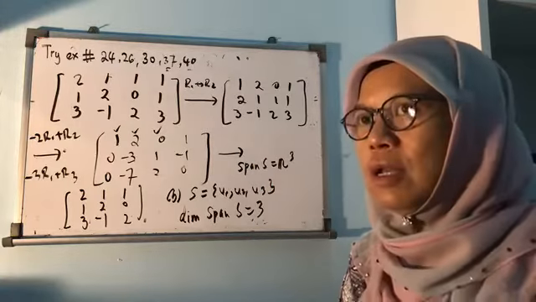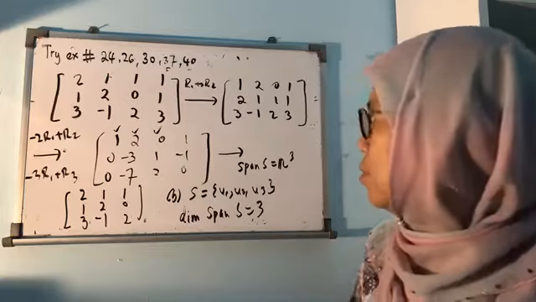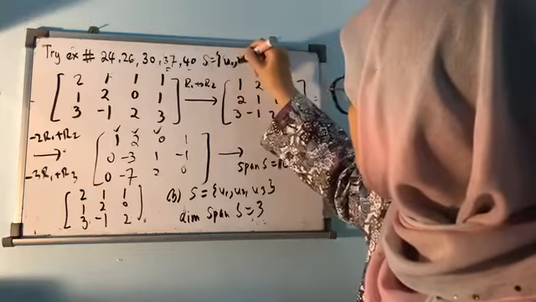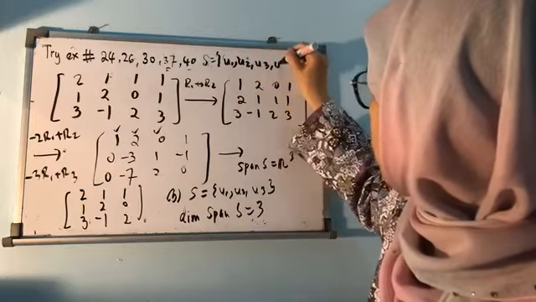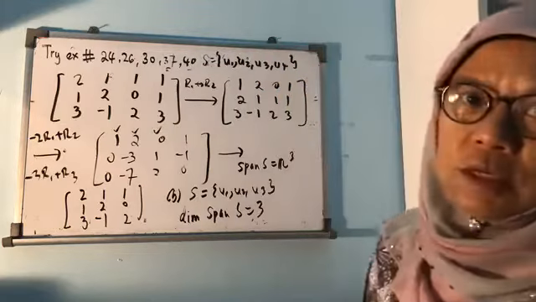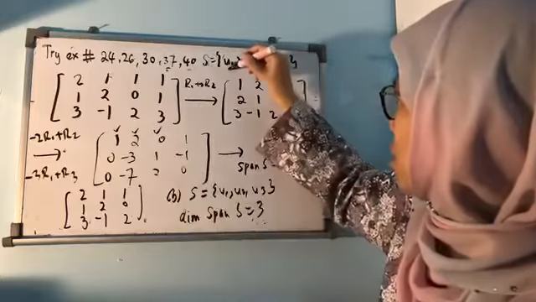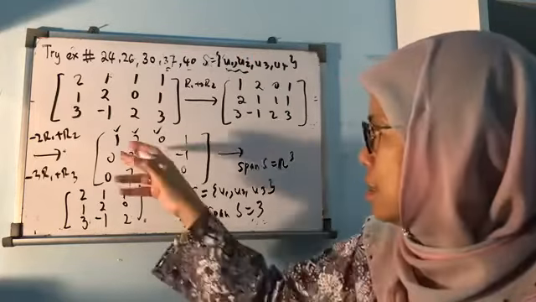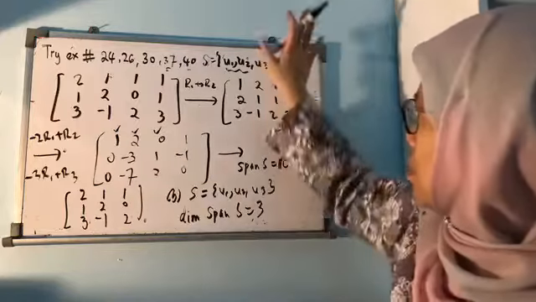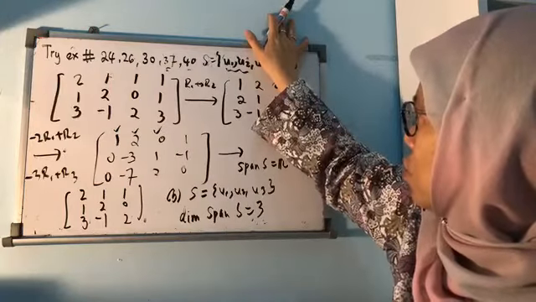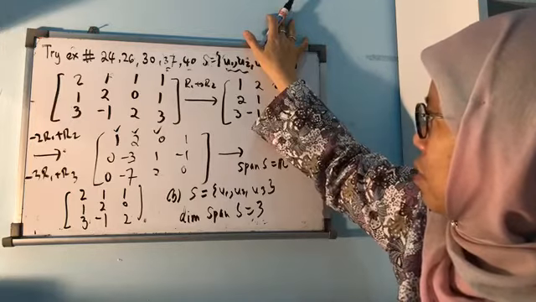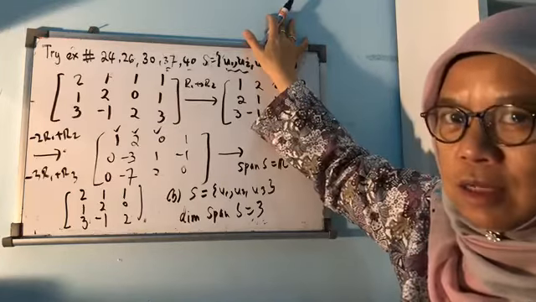I can give you another question like this. I can give you U1, U2, U3, U4, in which when you reduce, you get only these 2 as the leading one. So in this case, the dimension will be 2, and the span is just like before, a plane. It's not the whole R3.